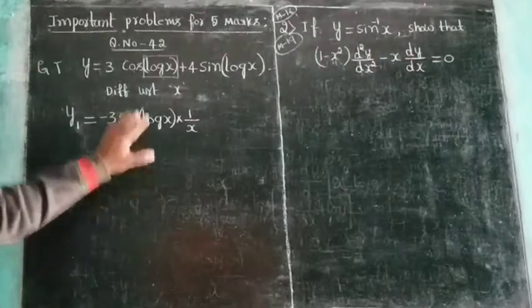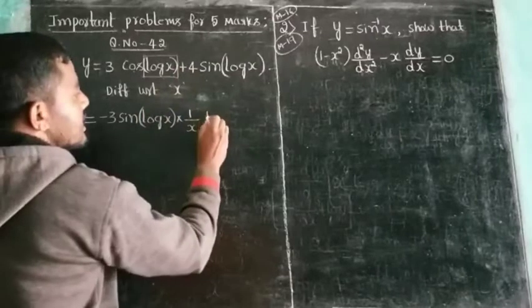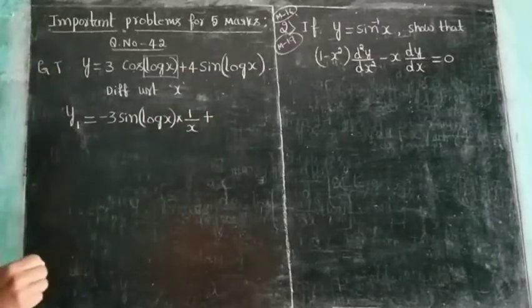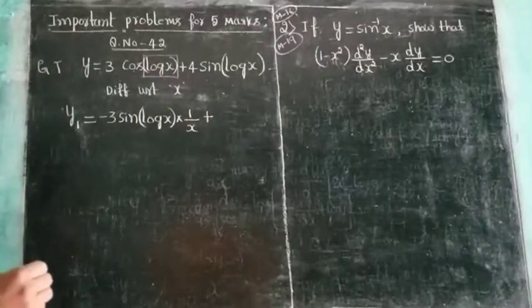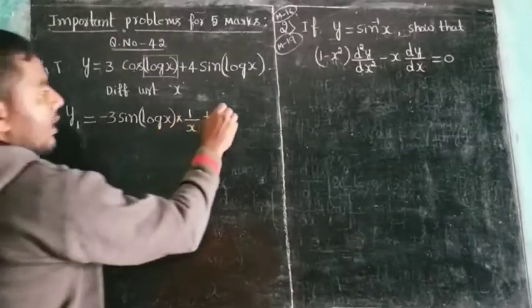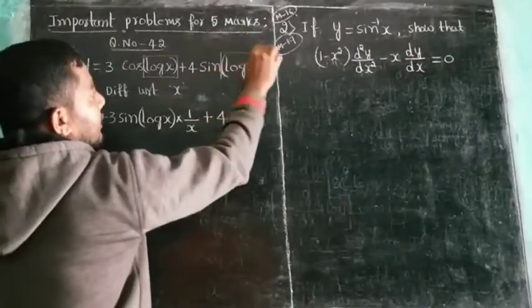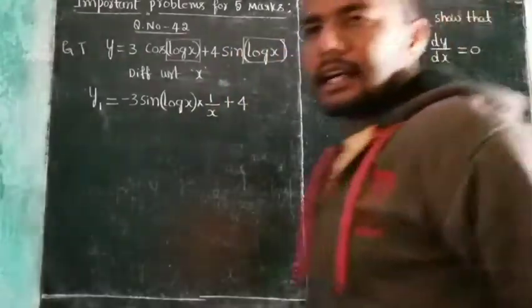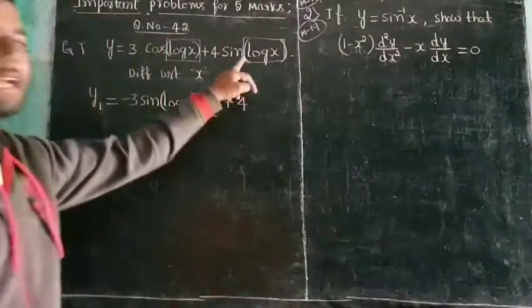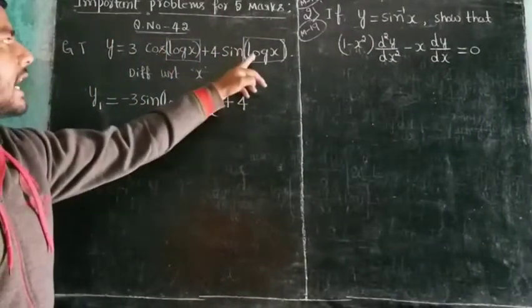Plus, write the derivative of the second term. In the second term we have 4 sin log x. 4 is a constant, write it as it is, sin dabba.